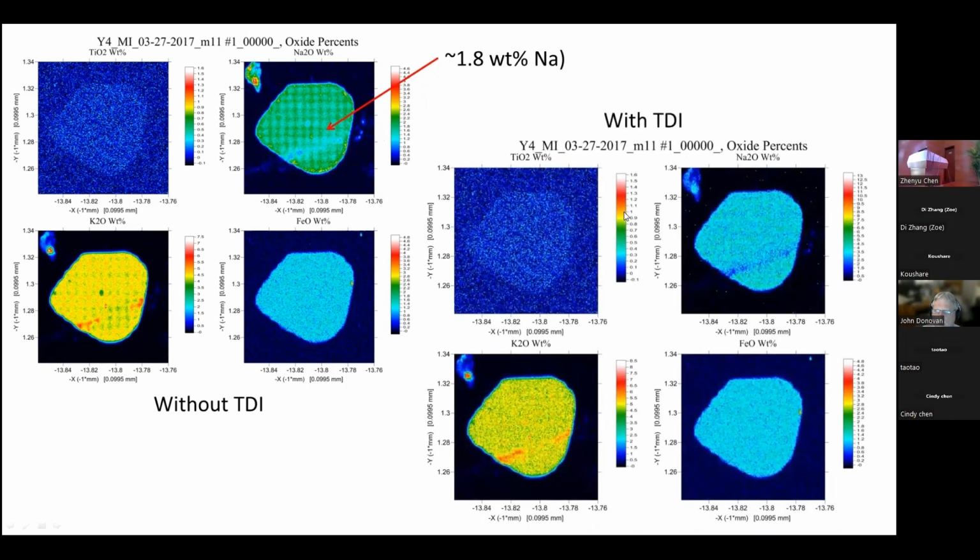Whereas with the TDI correction, you can see that we're getting about 3.5%. So this is, again, not a small error. And you'll also notice here that we don't see that grid pattern. The TDI correction has corrected this on a pixel by pixel basis. Also notice the same thing is true for the potassium, as you see here.